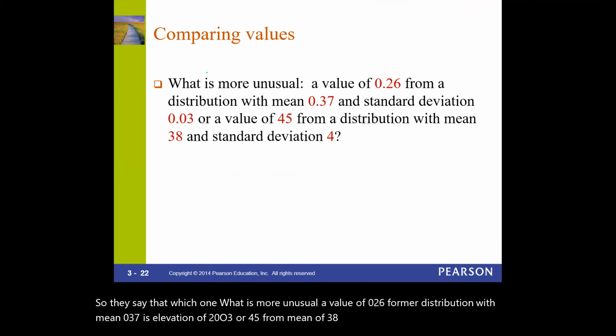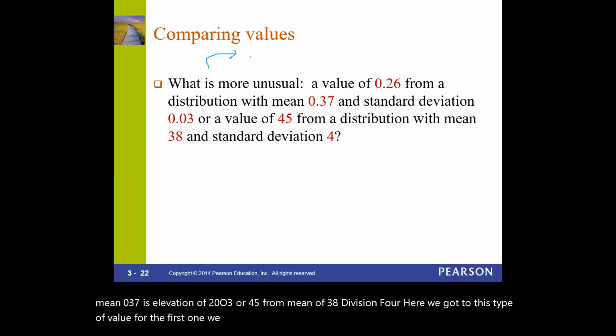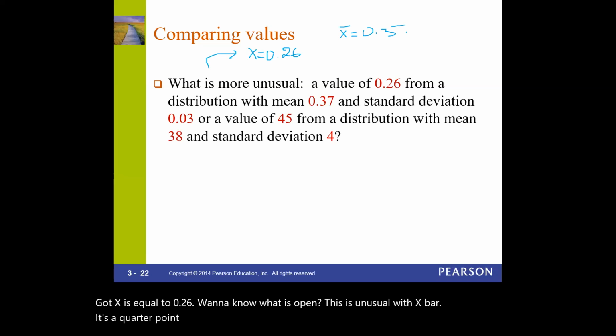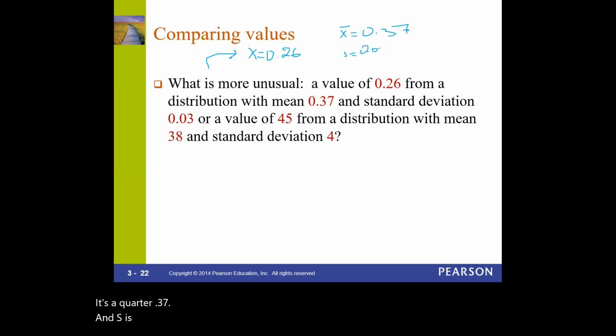Here, we got two types of values. For the first one, we got X equal to 0.26. We want to know whether 0.26 is unusual, with X bar equal to 0.37 and S equal to 0.03.